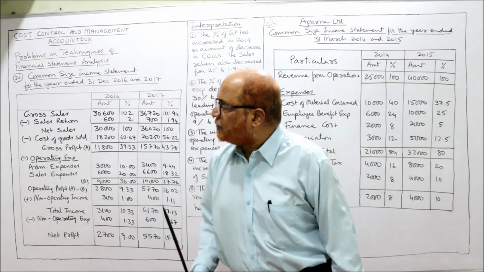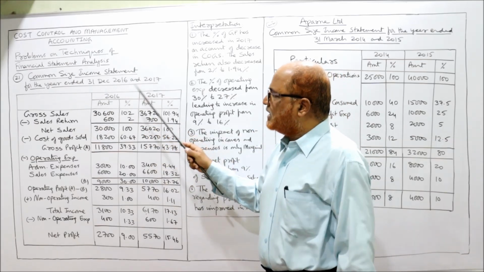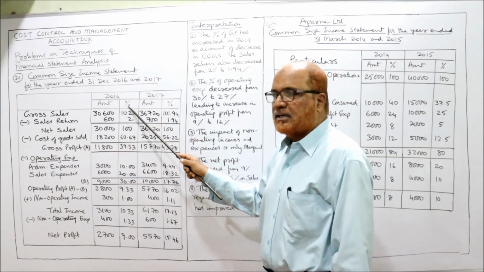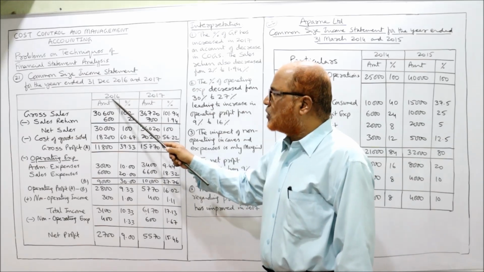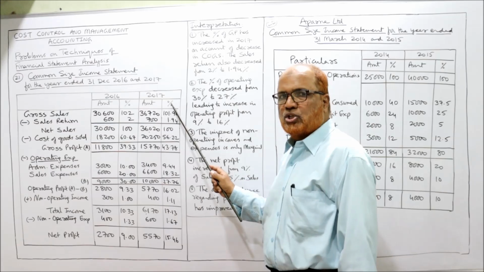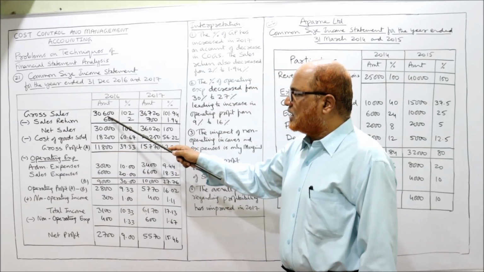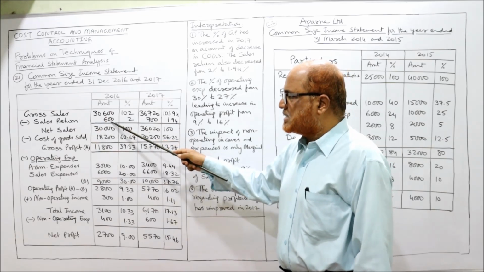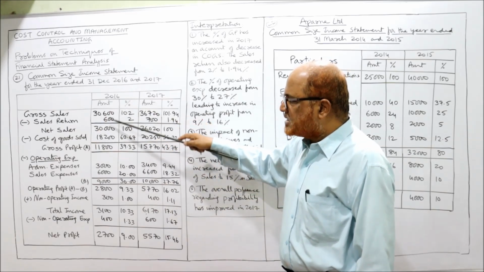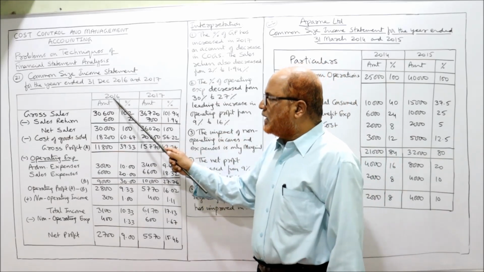See here. Common size income statement for the year ended 31st December 2016-17. There are two columns for 2016 and two columns for 2017, amount and percentage. Now gross sales are given in the problem: 30,600, sales return 600. First we complete 2016, then I'll explain 2017.